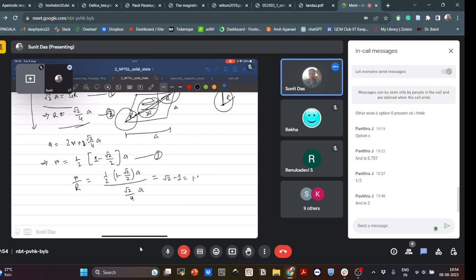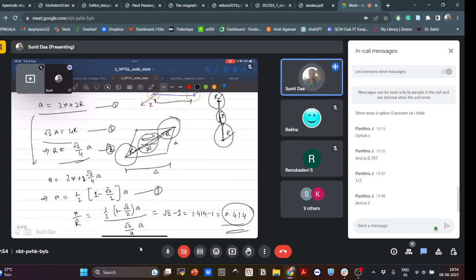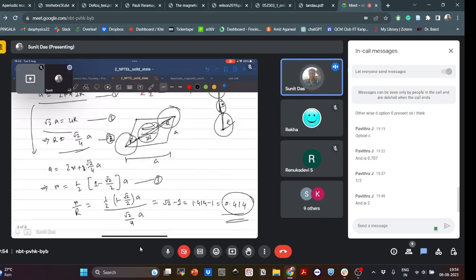So 1.414 minus 1 equals 0.414. So this is the correct answer. Without distorting the lattice, the ratio between small r and capital R will be 0.414.